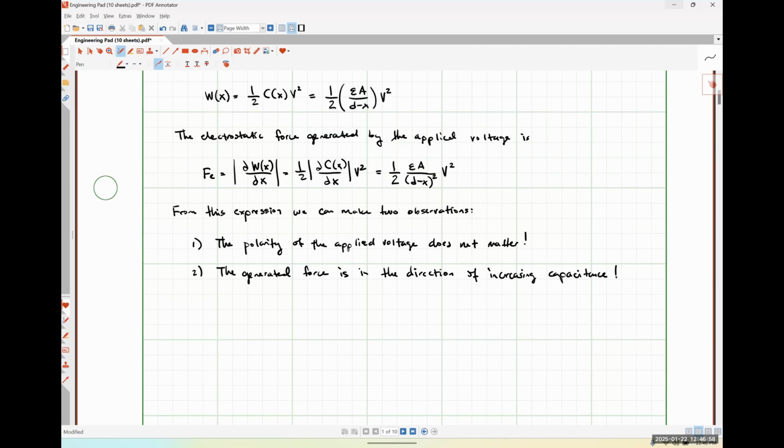So our Coulombic attraction always occurs in such a way that we are going to try to close the distance between those plates, which will end up increasing the overall capacitance of our system.